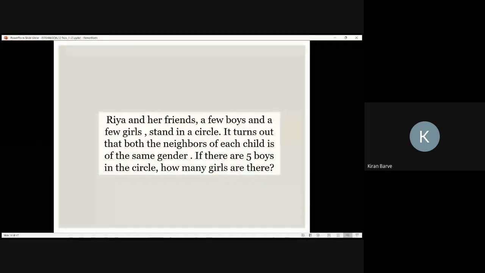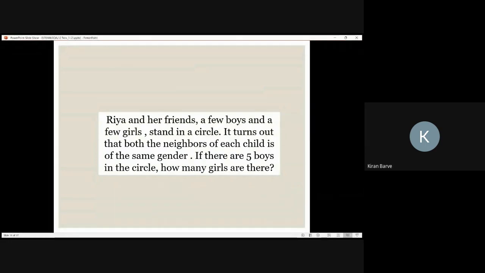Ria and her friends, a few boys and a few girls, stand in a circle. It turns out that both the neighbors of each child are of the same gender.